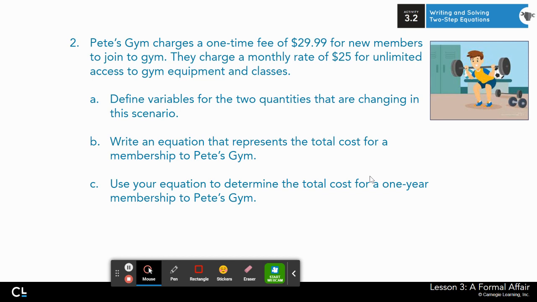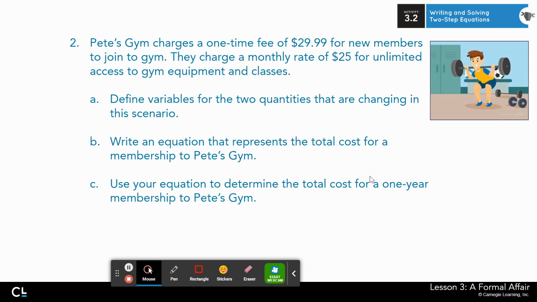Number 2, it says Pete's Gym charges a one-time fee of $29.99 for new members to join the gym. They charge a monthly rate of $25 for unlimited access to gym equipment and classes. Part A says define the variables for the two quantities that are changing in this scenario.